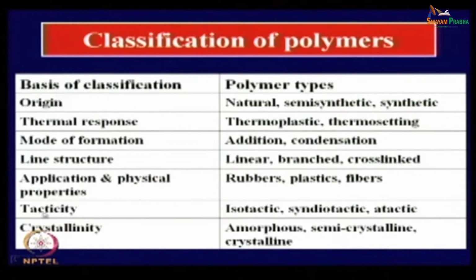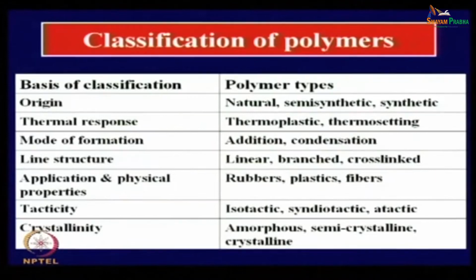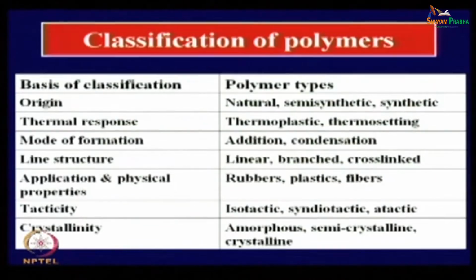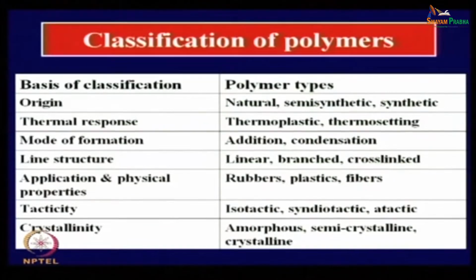Then on the basis of tacticity, tacticity means if you think of a polymer molecule, there may be side groups, that means the disposition of side groups that gives a geometric shape to the molecule, geometric configuration to the molecule, and we get three different types of polymers: isotactic polymers, syndiotactic polymers and atactic polymers.